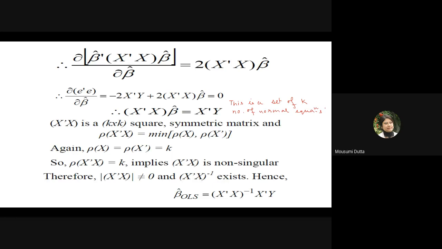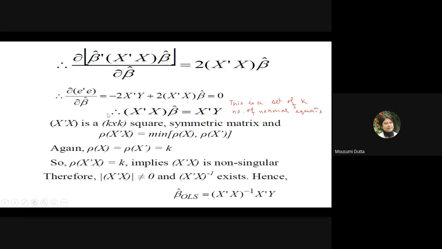So I hope by this time you understood, this is the series of normal equations, and solving these k number of normal equations, we will find the value of beta hat OLS, and this is the value. Beta hat OLS is equal to x prime x inverse x prime y. Actually, x prime x we are bringing here.